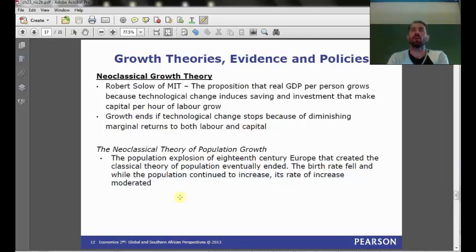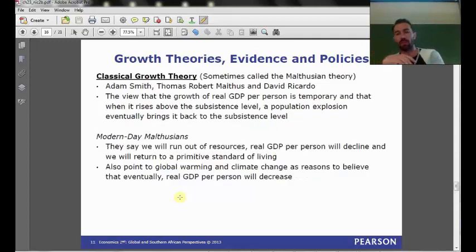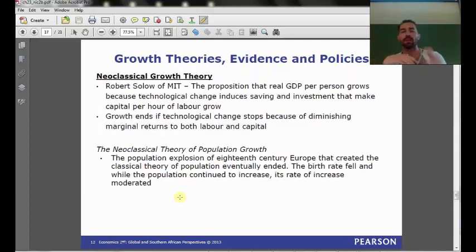Okay? So you had this massive growth, and you didn't have the prediction of the Malthusians that everyone would just return back to poverty. Why? Because we ended up having much lower population growth rates because people started having fewer kids.